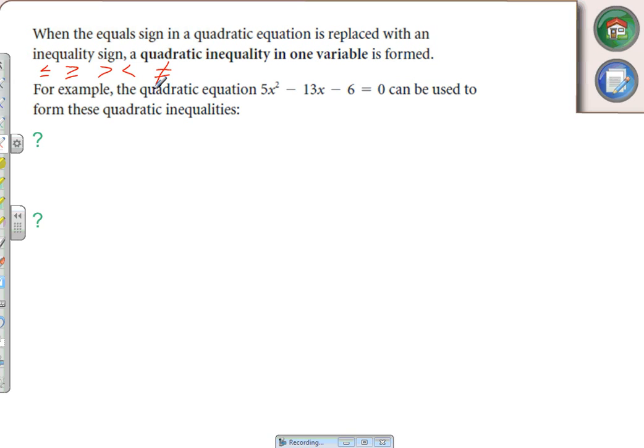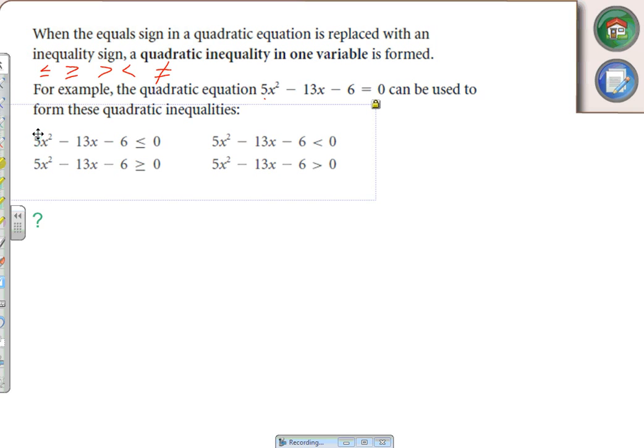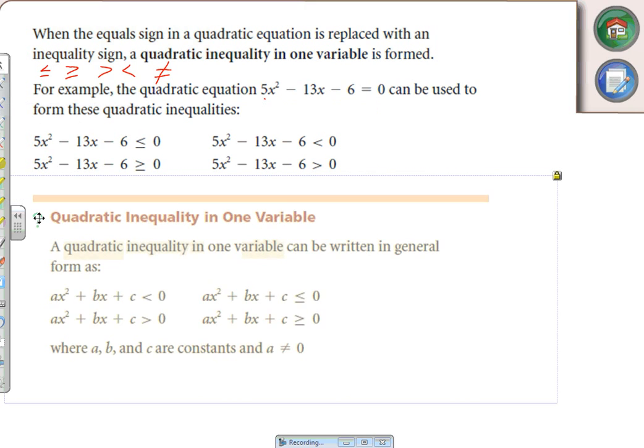That gives us a quadratic inequality with one variable, because we're just going to be looking at x. There is no y, it's just x in here. Those are the 4 main ones that we're going to look at, but does not equal also fits into there. And then we've got any quadratic inequality that falls into those forms.